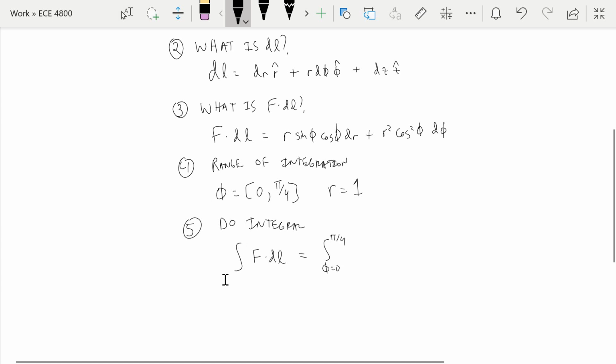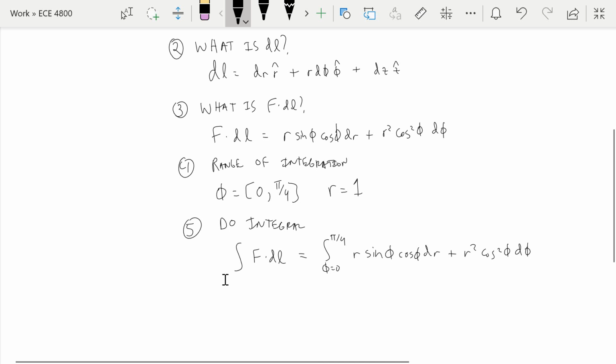Our f dot dl is r sine phi cosine phi dr plus r squared cosine squared of phi d phi.